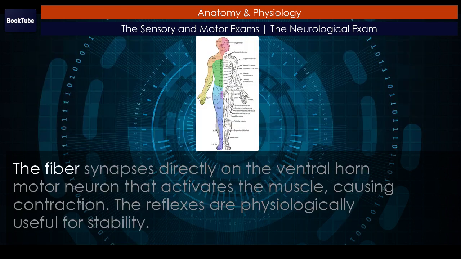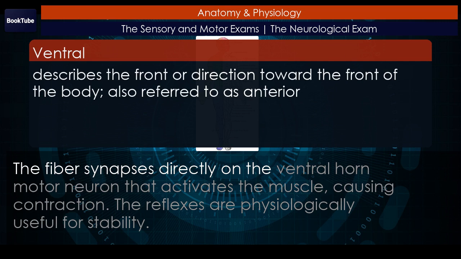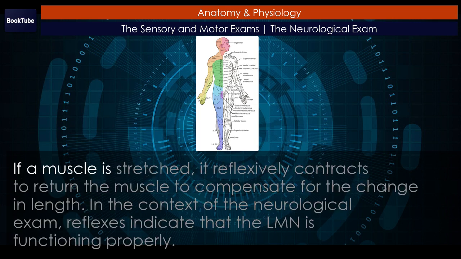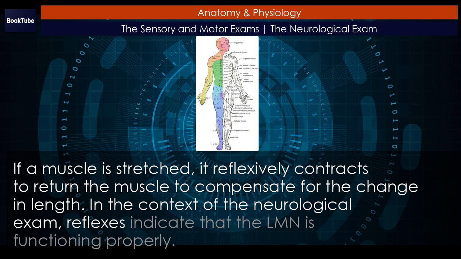The fiber synapses directly on the ventral horn motor neuron that activates the muscle, causing contraction. The reflexes are physiologically useful for stability. If a muscle is stretched, it reflexively contracts to compensate for the change in length. In the context of the neurological exam, reflexes indicate that the LMN is functioning properly.